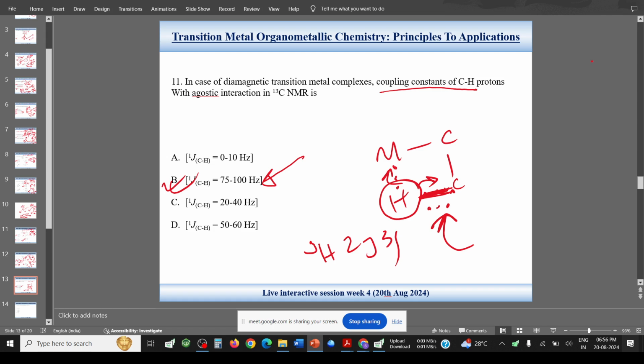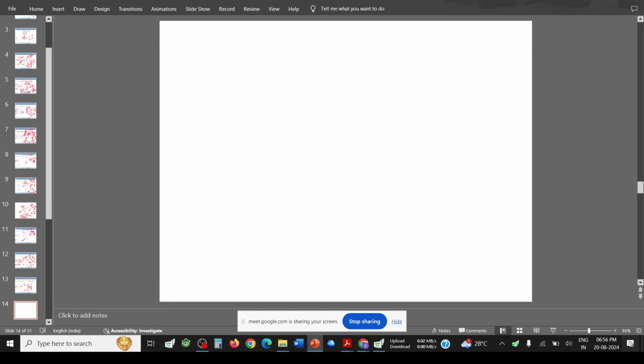For proton, if we consider the coupling of the proton, like C H C H, so what coupling is this?